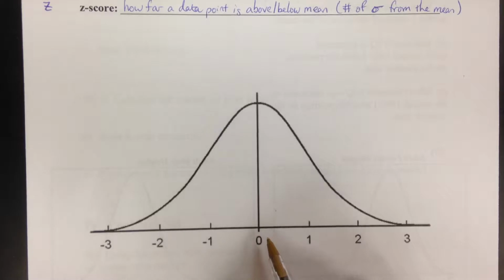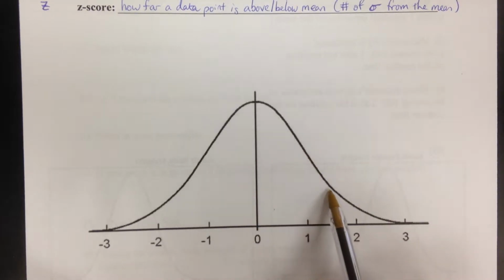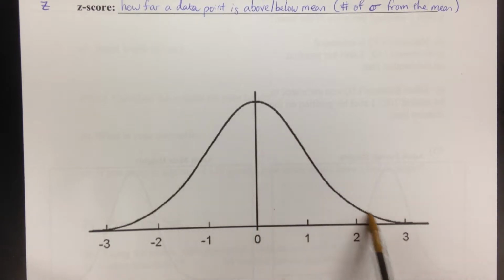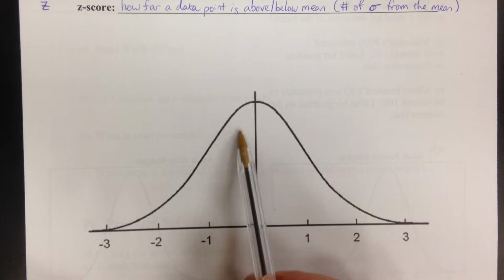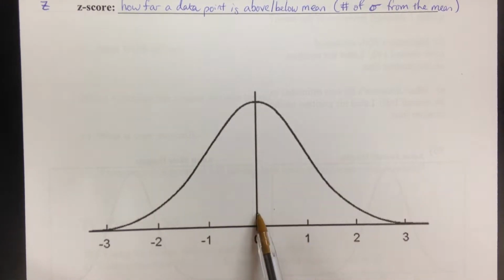A standard normal distribution curve, you could use this for, say, the population. If you're talking about the heights or weights of people in the United States, it would take the shape of this kind of curve. Most people would be around the middle section. The highest point of the curve is where the most data is, where the most numbers are.